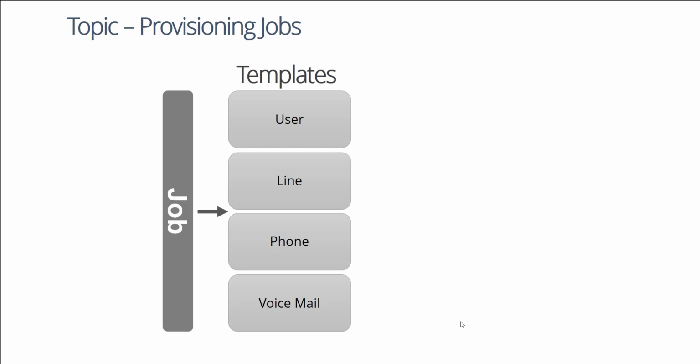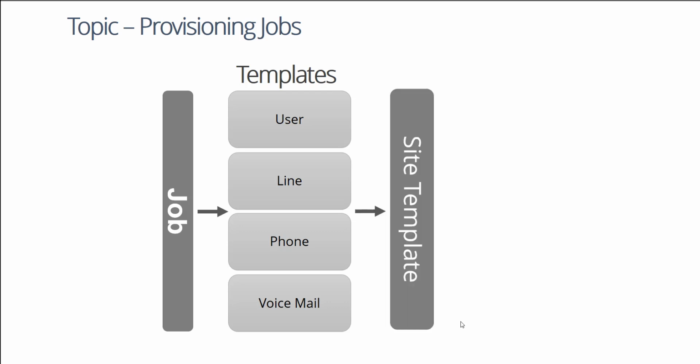That's a group of templates that you're putting into a job to formulate an action that you want to perform. And then, optionally, you can roll in site templates, which basically do the same thing as we discussed prior, where site templates apply site-specific settings to that user, line, phone, and voicemail.